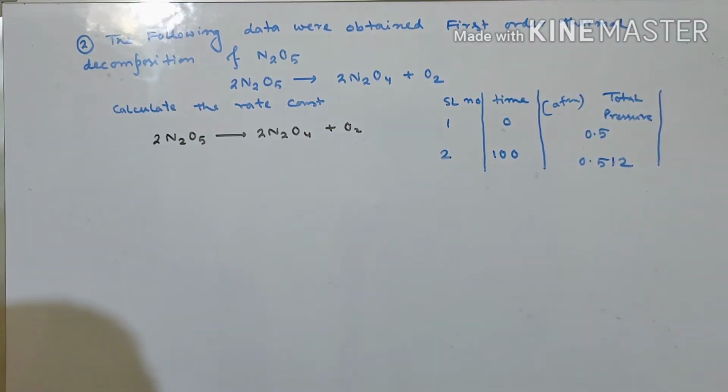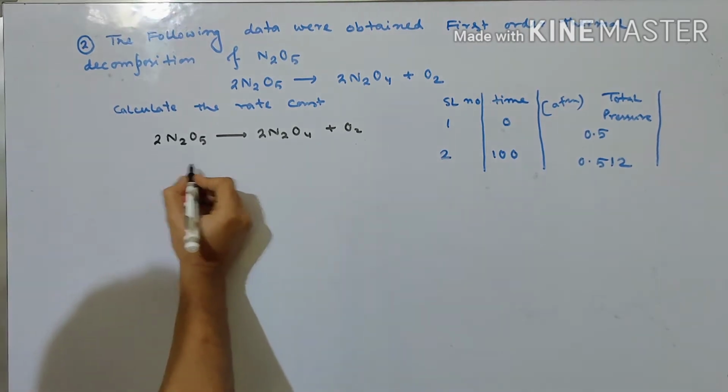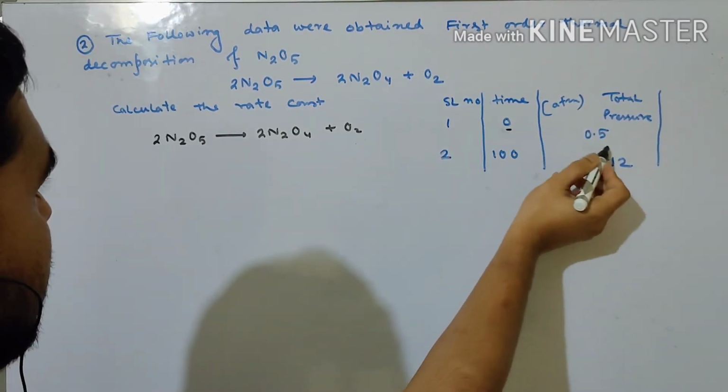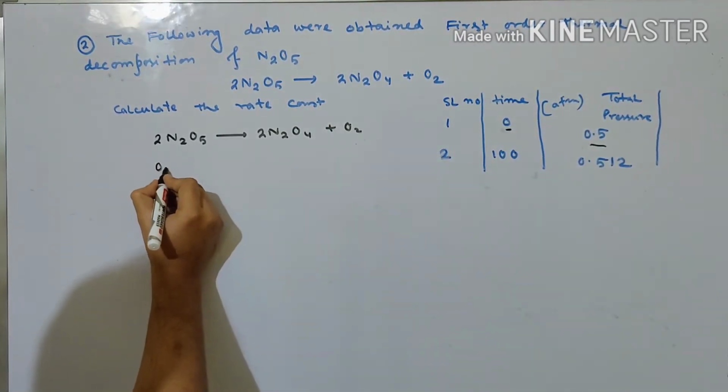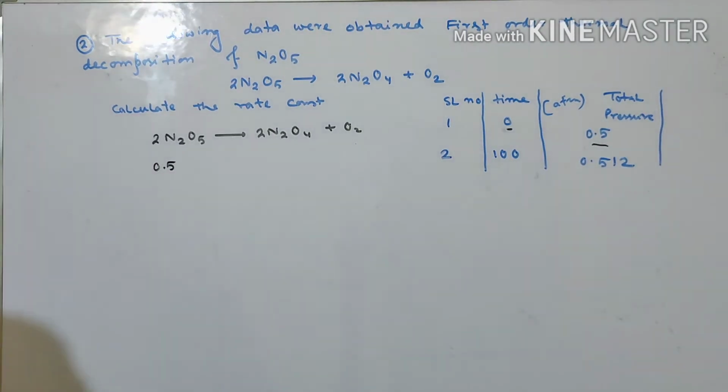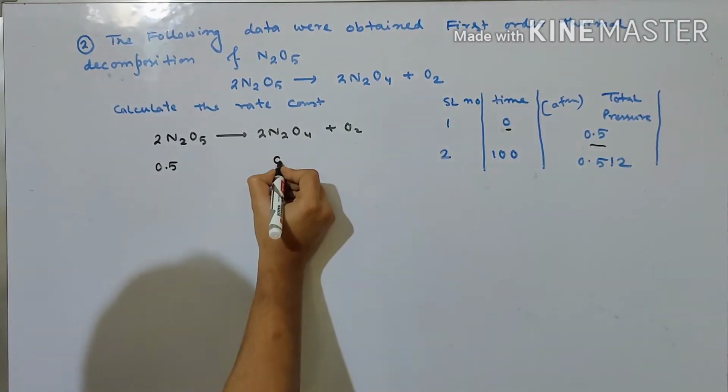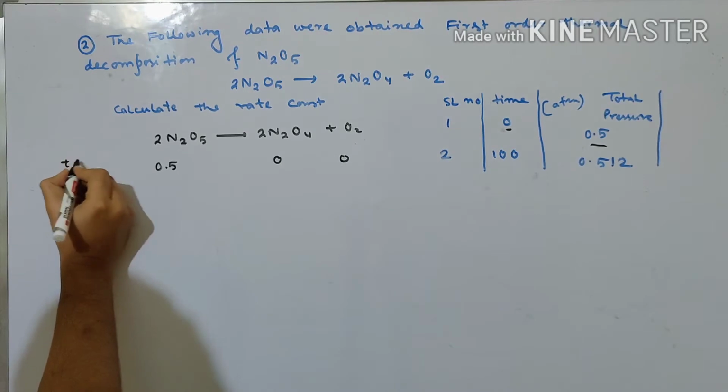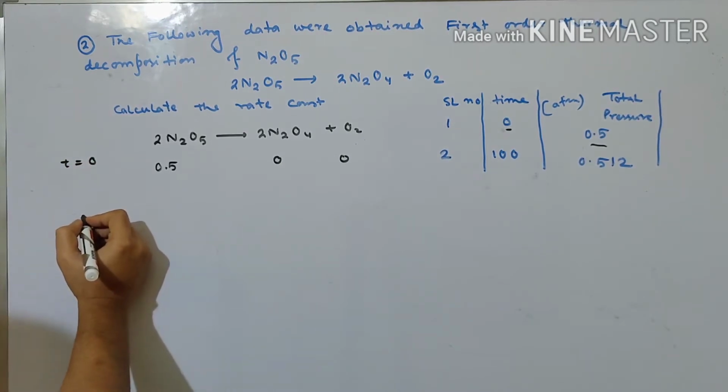Suppose initially, at time 0 the total pressure is 0.5, so it is 0.5 atm, and obviously the other two are 0 and 0. Here we are talking about T equal to 0 as well.